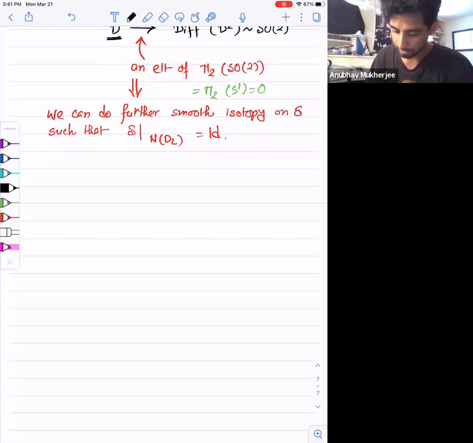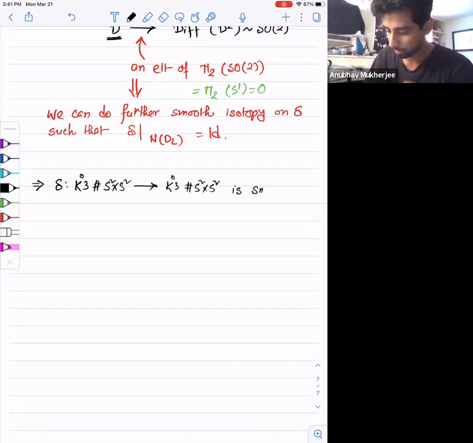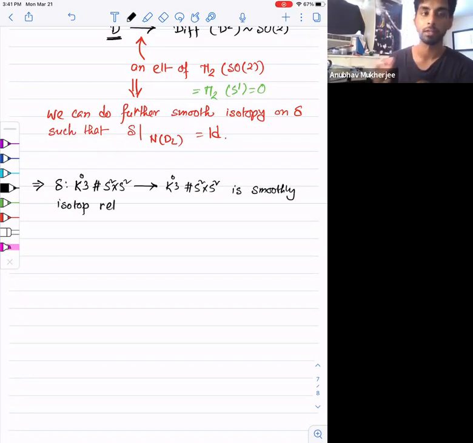So this is saying that the Dehn twist delta on K3 connected sum S2 cross S2, punctured, is smoothly isotopic, and everything is happening relative to the boundary. You are not moving the boundary.